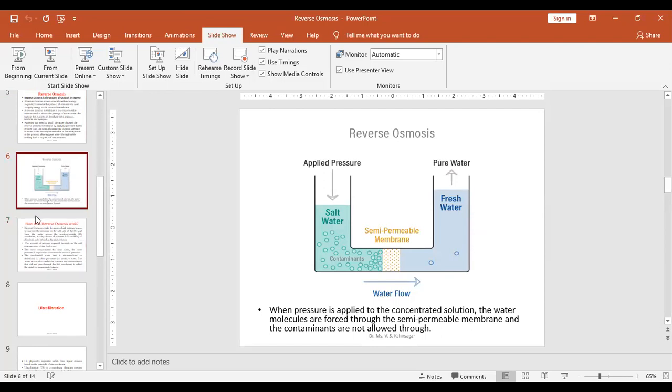We need to apply some pressure, and when we apply the pressure, we are able to pass the water molecules through the semi-permeable membrane. And this is the reverse osmosis technology we have discussed.